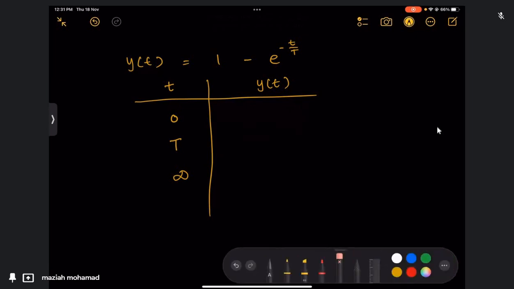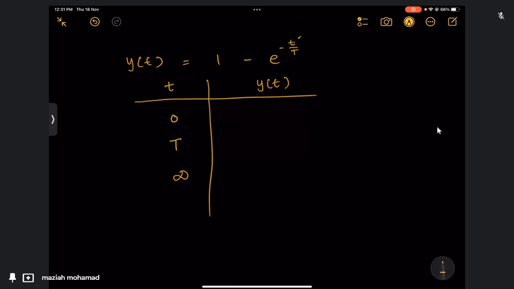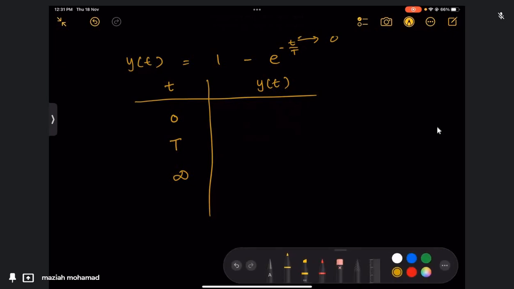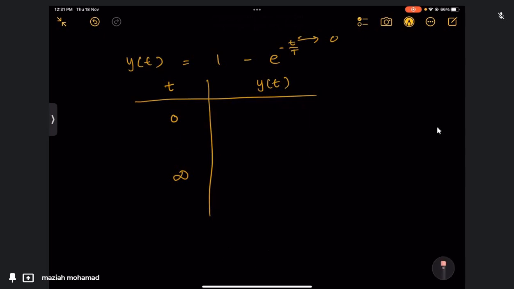If you replace t here with 0, so you will get 0. Then T, 2T. Not that, we're going to replace with 1T, 2T, 3T, 4T, and 5T.